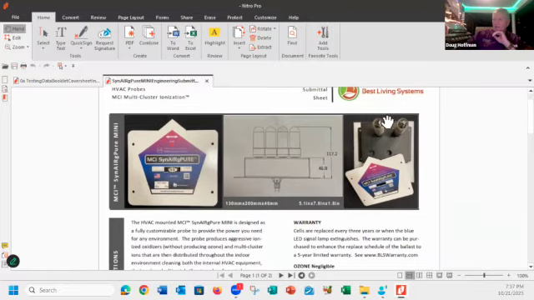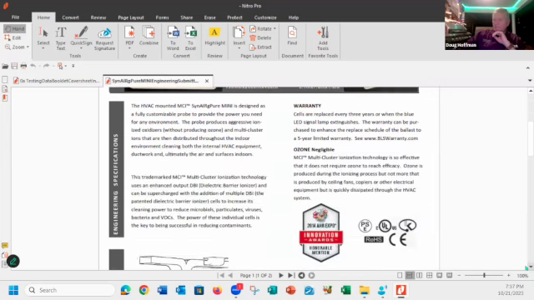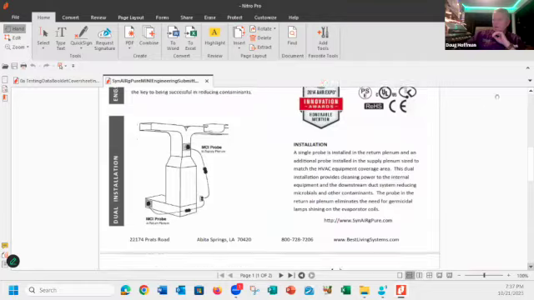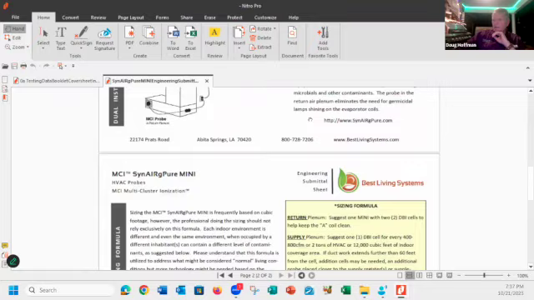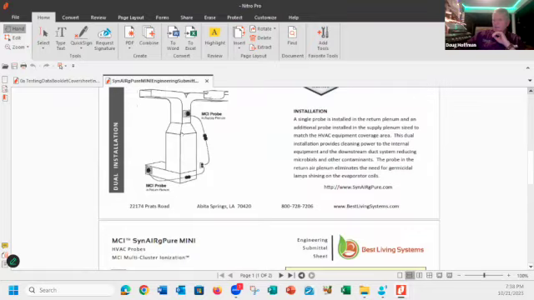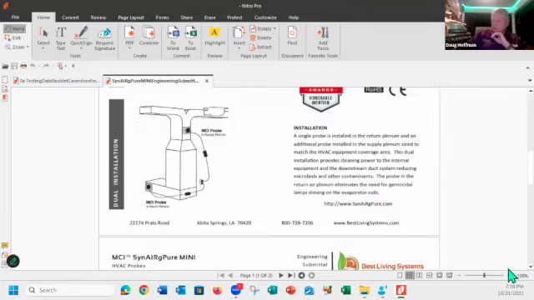It actually has a place for 4 DBI cells, so it can actually handle some light commercial work as well. But if you scroll down, you're going to see again, we're recommending that we put one in the supply and one in the return. That's what this is.